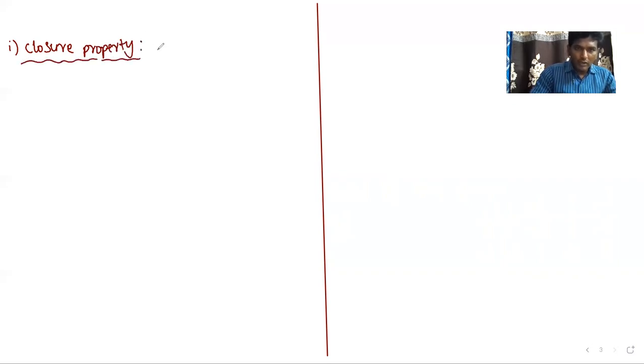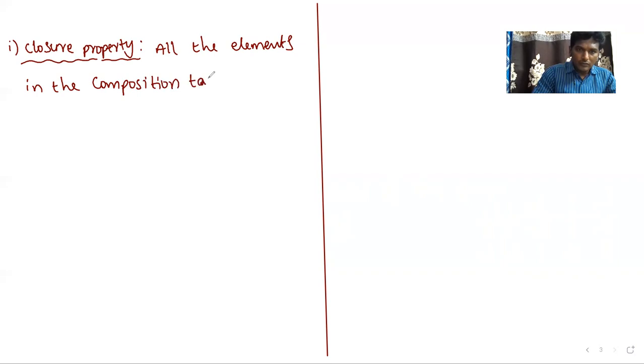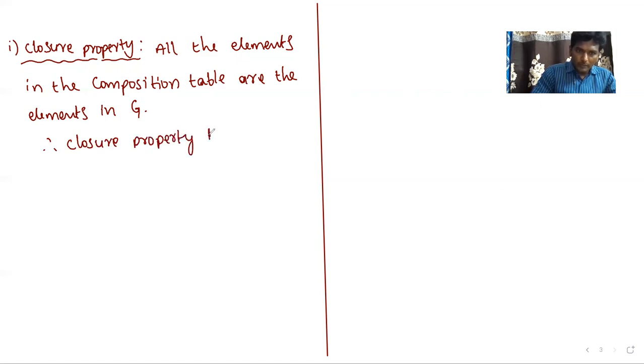Closure property. All the elements in the composition table are the elements in capital G. Therefore the closure property holds.